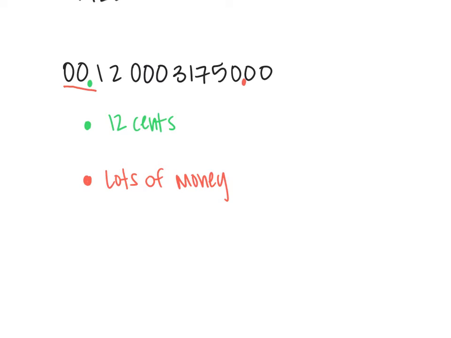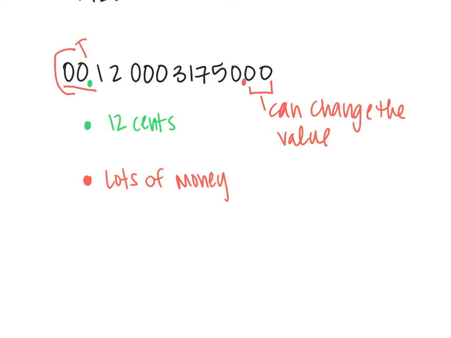But the ones out here at the back, these can change the value. The ones up here at the front, they're just placeholders. So that's the way that I like to think about the difference. And the ones here in the middle are always going to be significant.